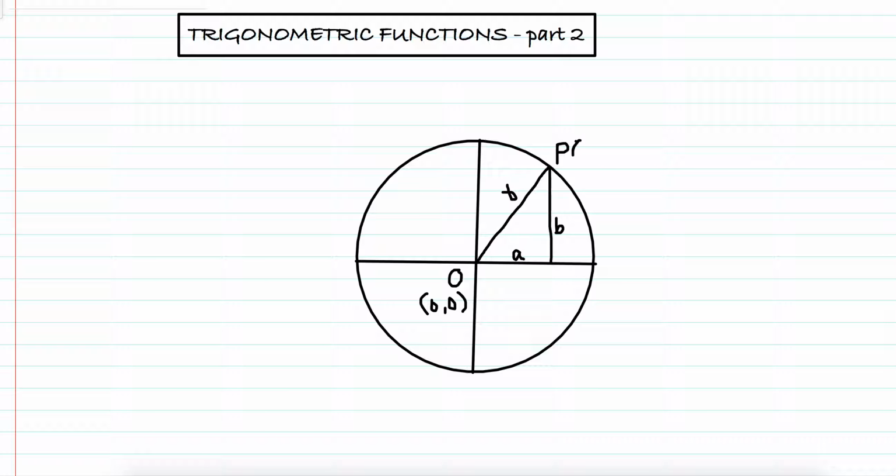So the coordinates of this point P will be, from the origin, a on the horizontal axis and b on the vertical axis. So its coordinates are a and b. And let this angle be theta.